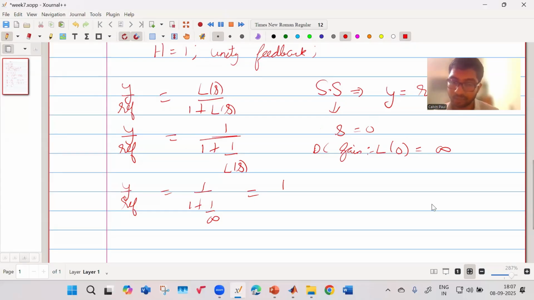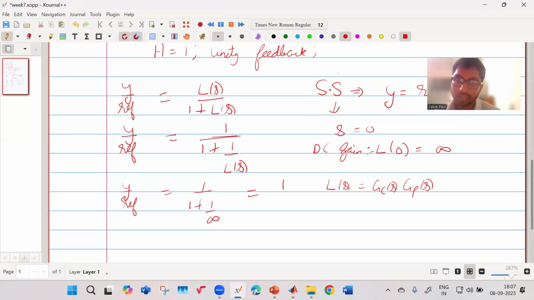To achieve this, what has Sir told in this lecture? Can anyone let me know how we achieve this DC gain of infinity in our loop? Frequency equals 0. Yes, you're right.